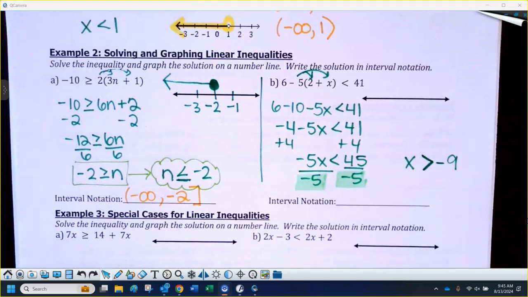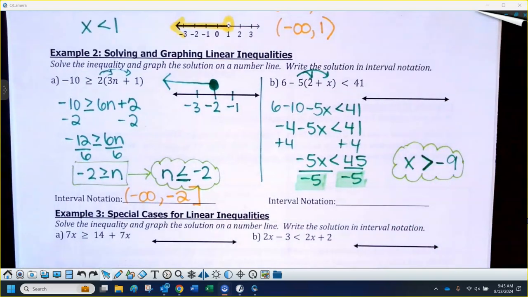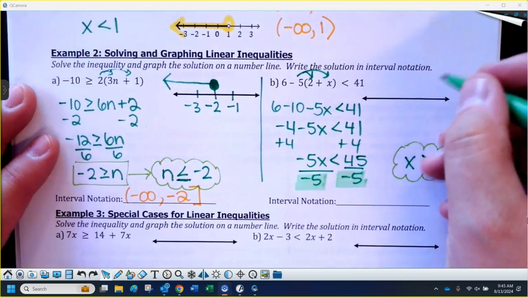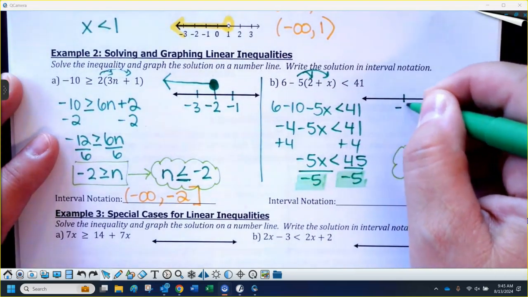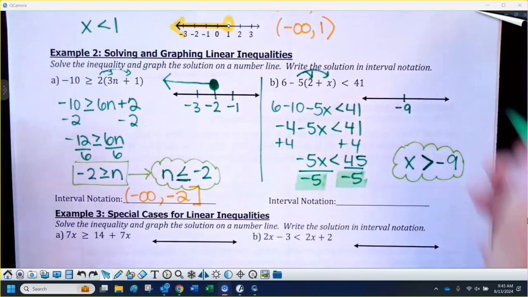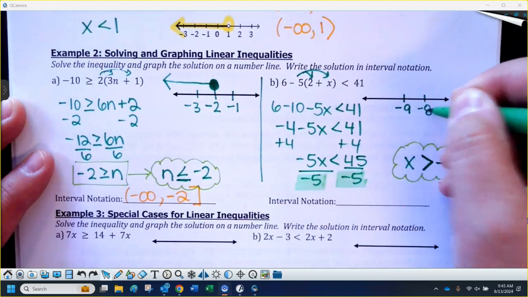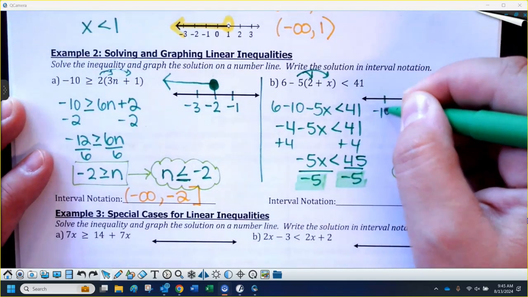Now, for this lovely question, this is nice for us because we already have our variable on the left, so we can just use it to follow the arrow. So again, I am not going to draw some elaborate number line. I'm just going to put -9, and honestly, I'm fine with that, as long as you got the arrow going the right way. But if you want to put a little bigger number, -8, a little smaller number, -10.